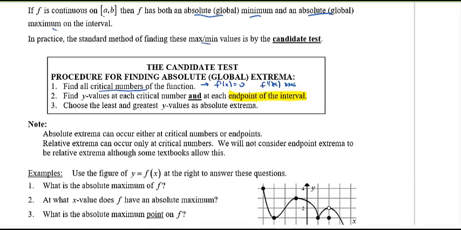And there you have your absolute max and your absolute min. Okay? So note that absolute extrema can occur either at critical numbers or endpoints. However, relative extrema, the local stuff, can only occur at critical numbers. Okay? We don't consider the endpoint extrema to be relative, although some textbooks do allow that, but really it's not.